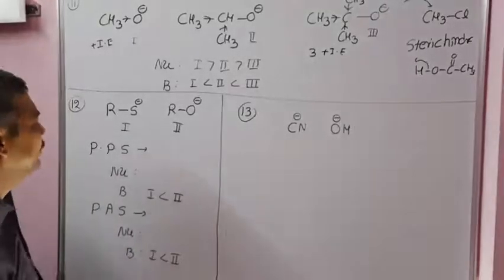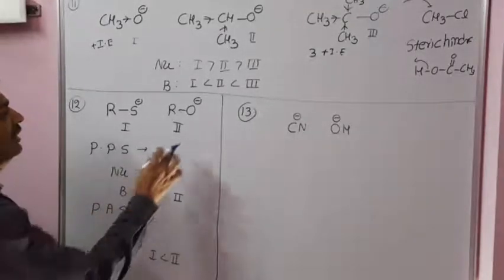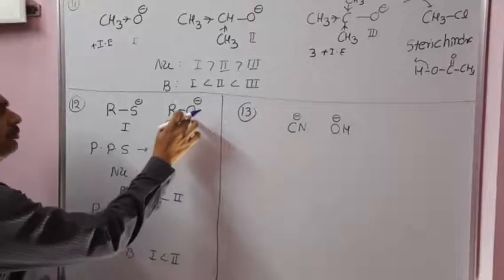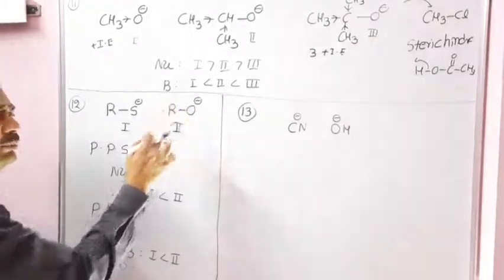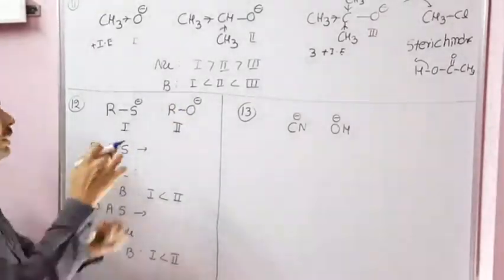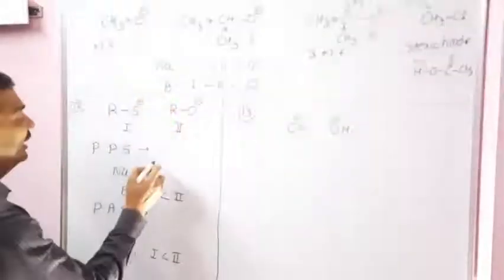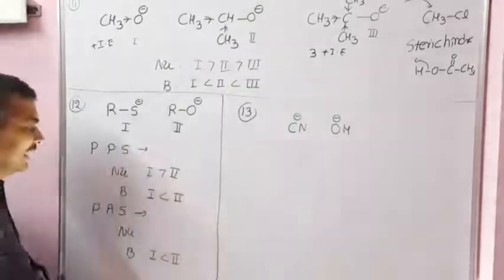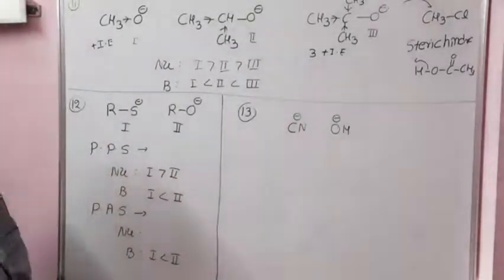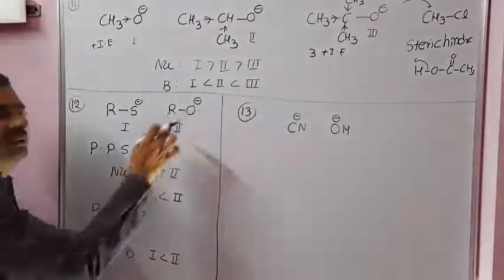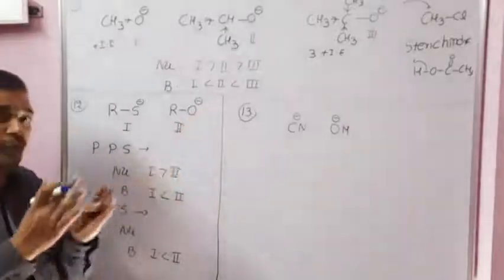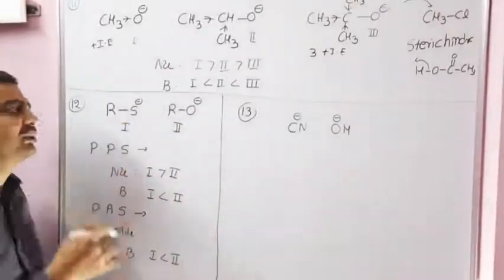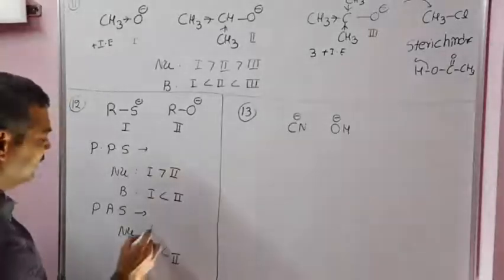Coming to the nucleophilicity in polar protic solvent. This is small in size, so in a protic solvent more solvent layers will form; the larger one has fewer layers and will readily attack as a nucleophile. Coming to the aprotic solvent, take acetone. This is small in size, with more electron density and more repulsions, so it is thrown away from the solvent and will readily attack as a nucleophile.